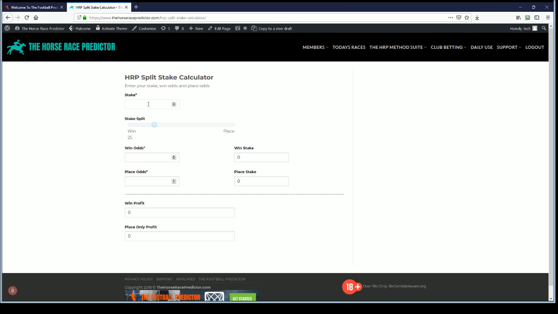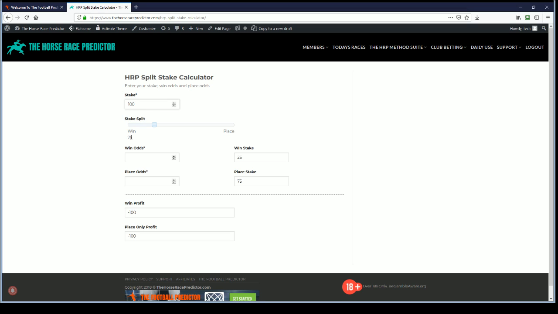However, let's take it a step further here. Let's say we want to stake £100. Our stake split at the moment with the HRP plan is 3 and 1, or 25 and 75. That is 75% on the place element of the bet, and 25% on the win element.